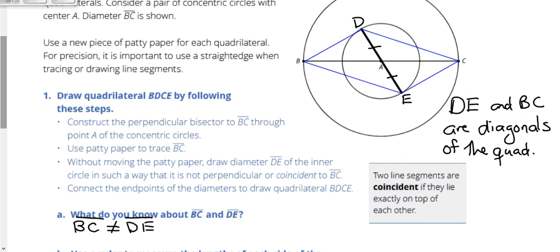And we know the length of AC and AB are both equal to each other because they are also radii.